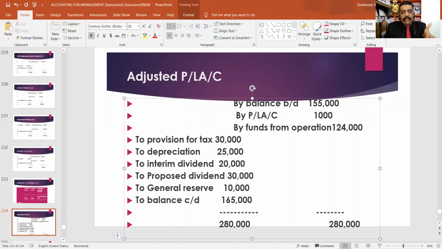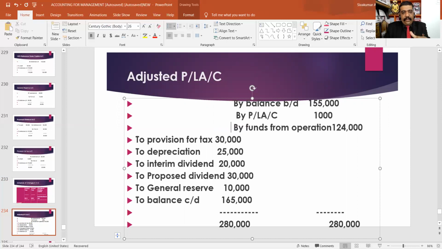You have to show all the items which are not relevant to the fund. If an item is a fund item, you need not show it in the adjusted profit and loss account. But if an item is not a fund item, please show it in the adjusted profit and loss account.